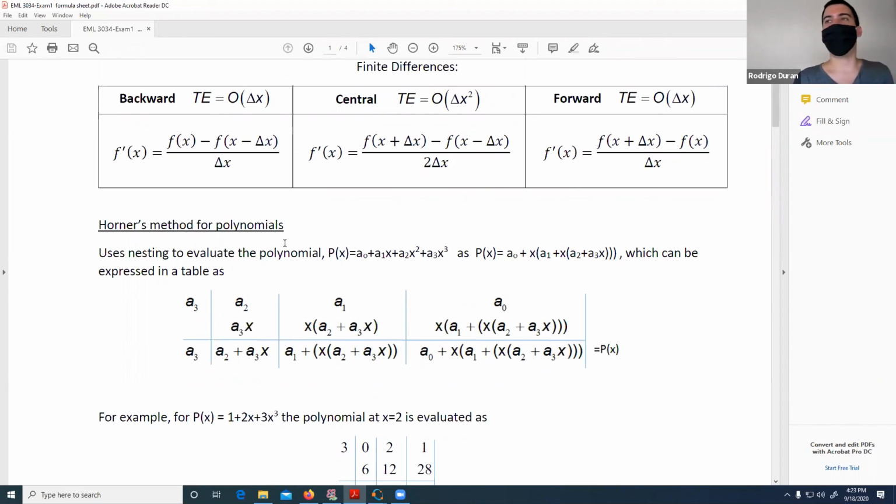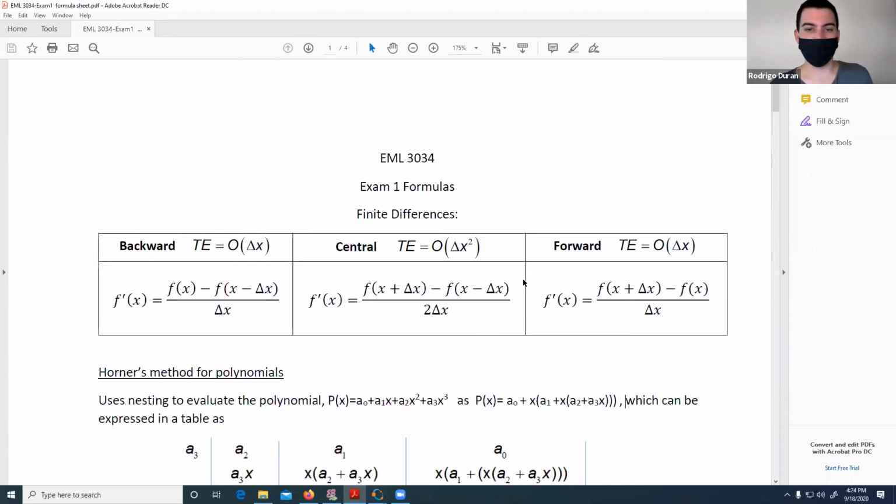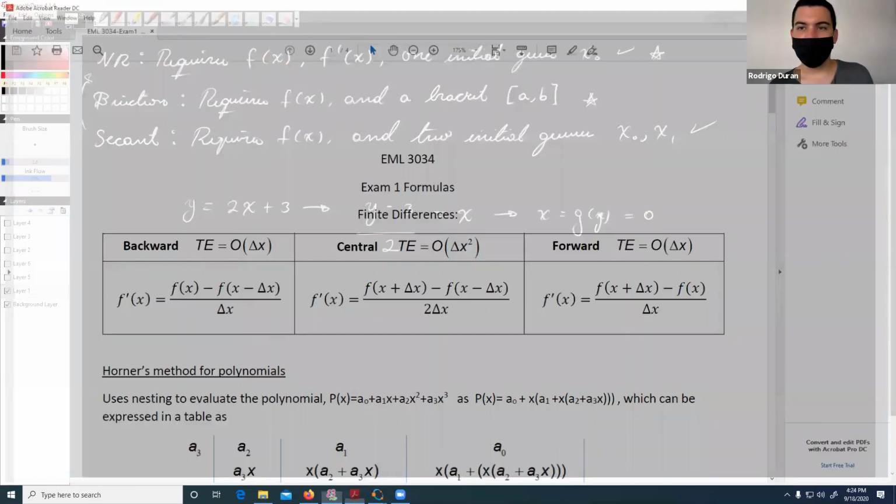And I think it just makes it more efficient. The calculation when you do it on a computer is faster because you're pretty much taking a third degree polynomial and breaking it into a combination of first degree terms. But yeah, that's everything. Let me know if you have any questions.